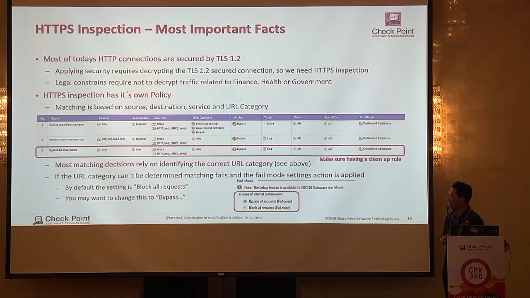So it depends. The default setting is block all requests, but you may want to change it to bypass, because if you block all the requests for those URLs that we cannot categorize, we create user impact. Let's use bypass. This is the recommended way.